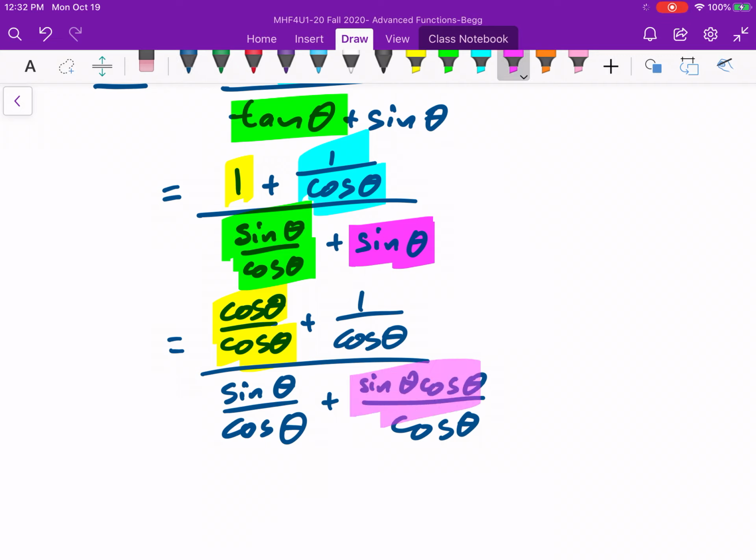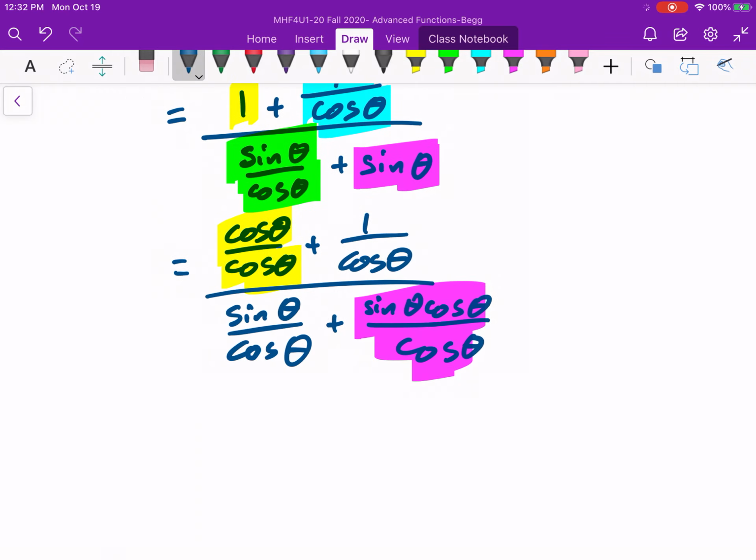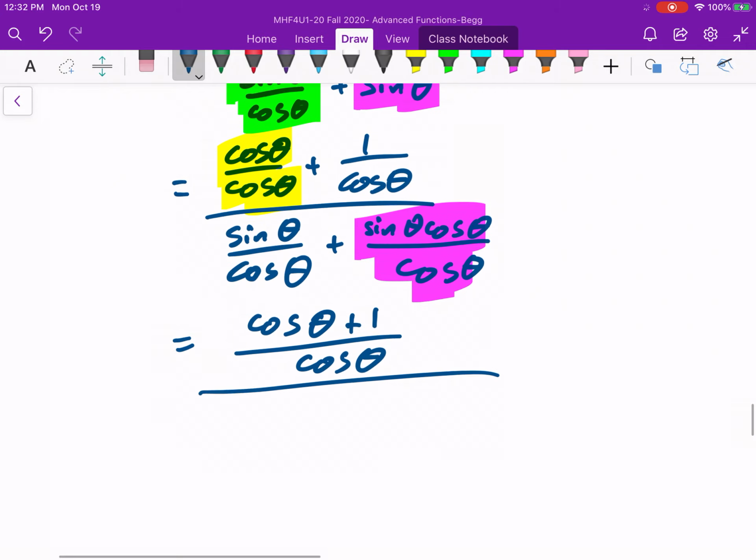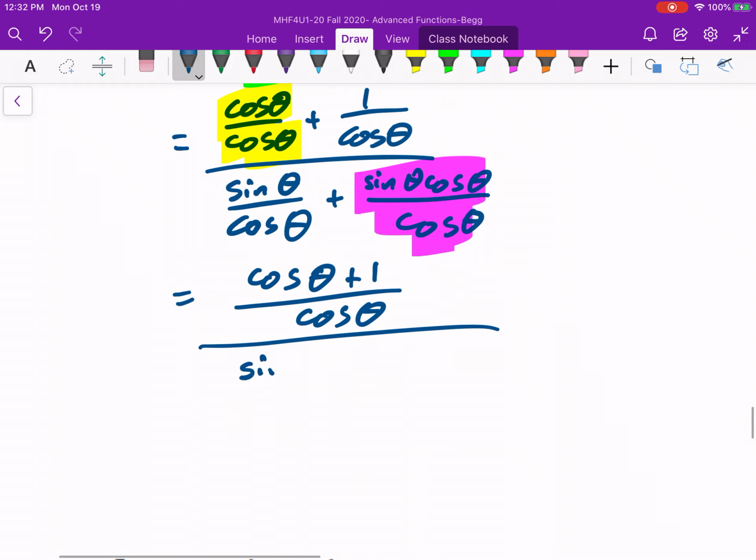Again, I'm playing with these a bit just to get a common denominator, because the next step then is, in what I've got as the numerator here, I can add them together. I can write cos theta plus 1 over cos theta. That's just the numerator. And in the denominator, I can write sine theta plus sine theta times cos theta over cos theta.